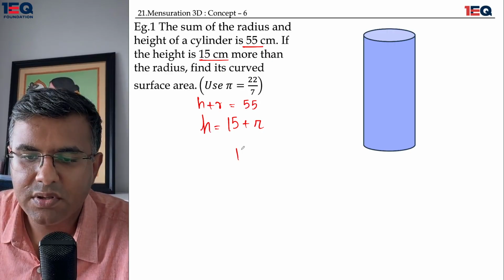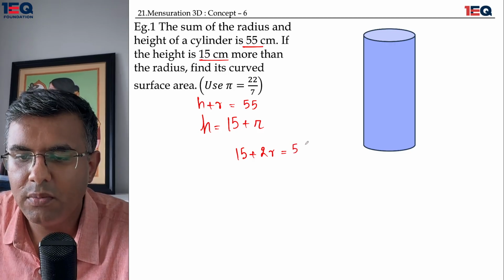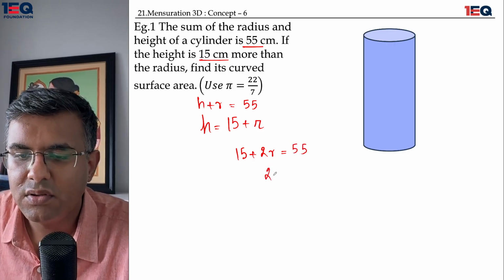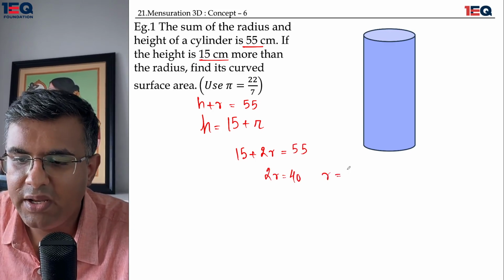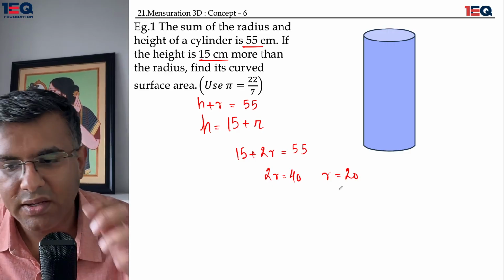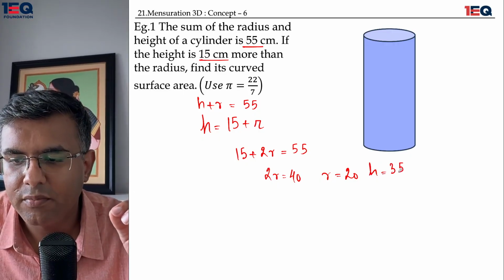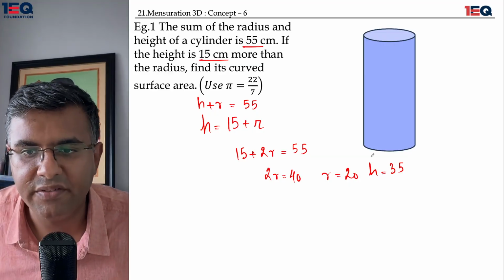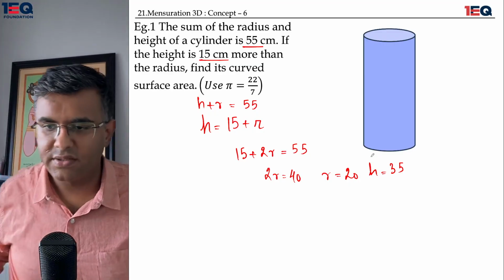This becomes 15 plus 2 times r equal to 55. So 2 times r becomes 40, and r is equal to 20. If r is equal to 20, the height becomes 35.